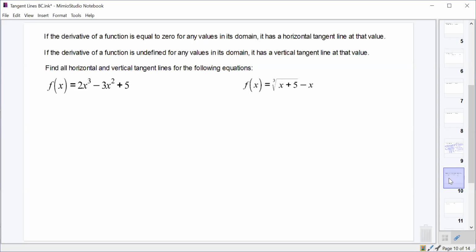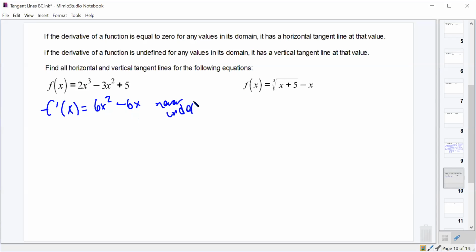So can we find any horizontal and vertical tangent lines for these two equations? The answer is yes. So first we'll take the derivative. Derivative of 2x cubed minus 3x squared plus 5 is 6x squared minus 6x. And first off, this is never undefined, right?